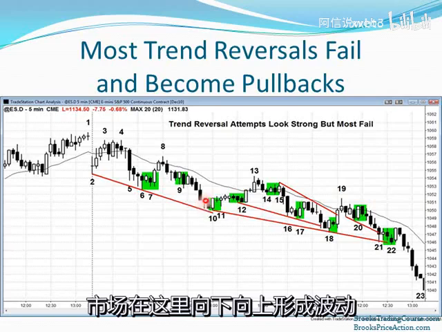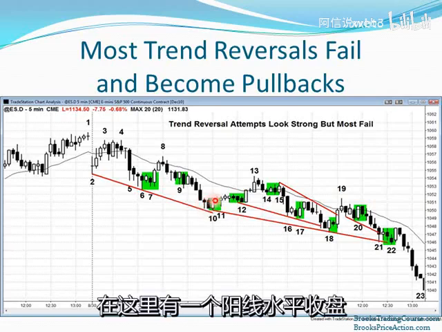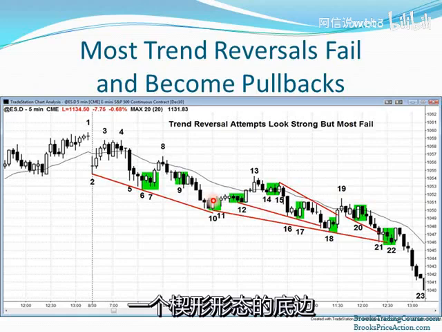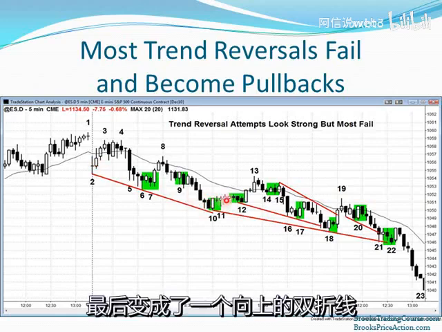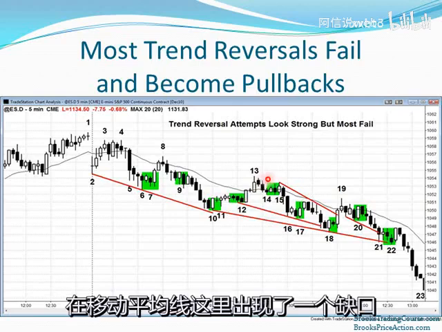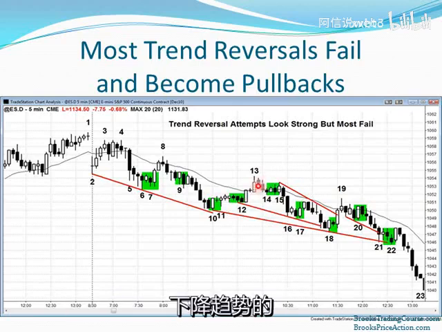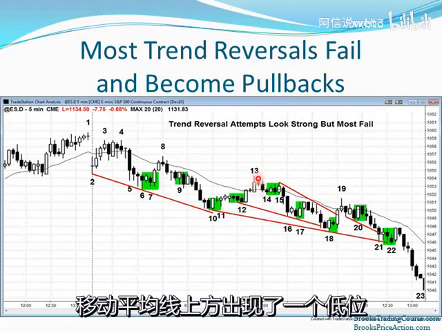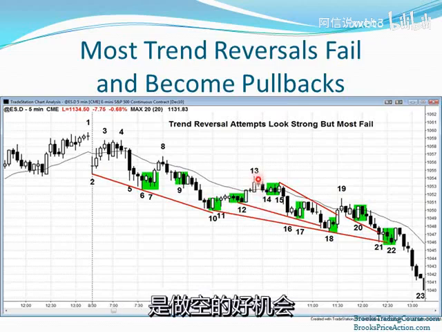The market went down here and up, and then down and up, and you have a bull bar closing on its high, a possible wedge bottom. However, it ended up being just two legs up, and there's a gap bar at the moving average, a low above the moving average in a bear trend, and you have a bear signal bar, so that's a good low two short. Two legs up, 1, 2.